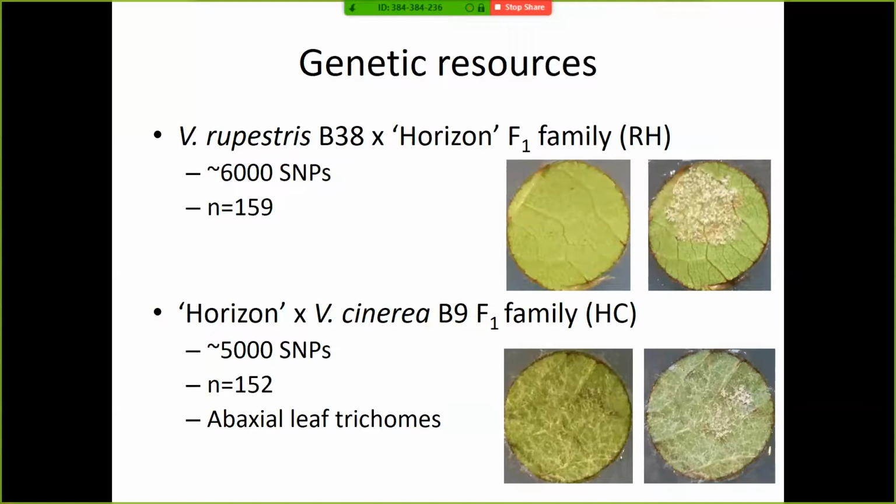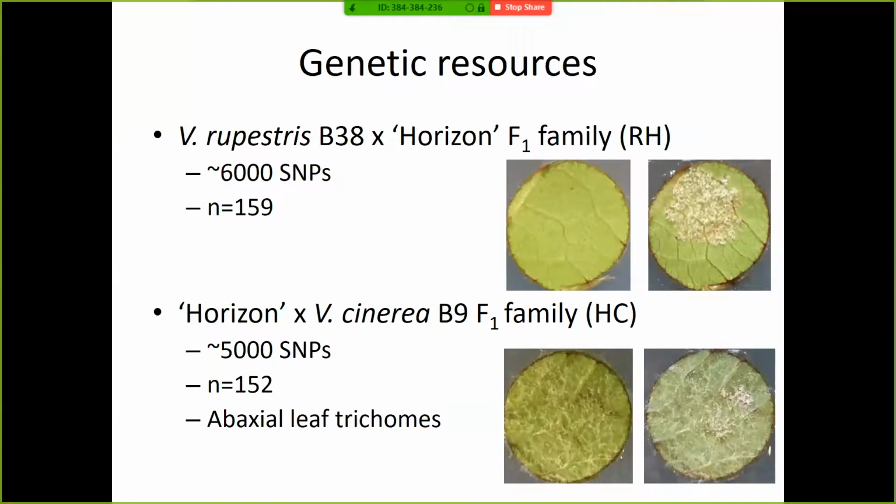So there are 2 images of leaf discs per family. The left-hand one is prior to inoculation, and on the right-hand side is the same leaf disc after inoculation.